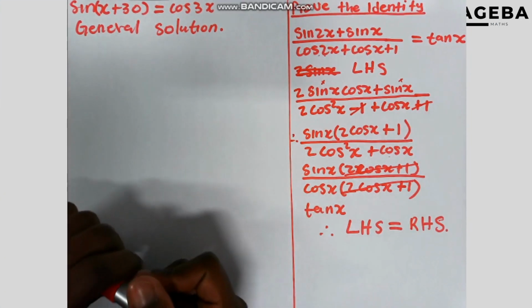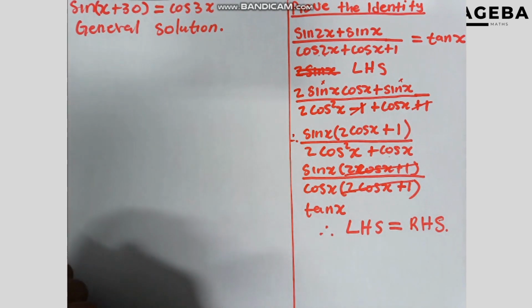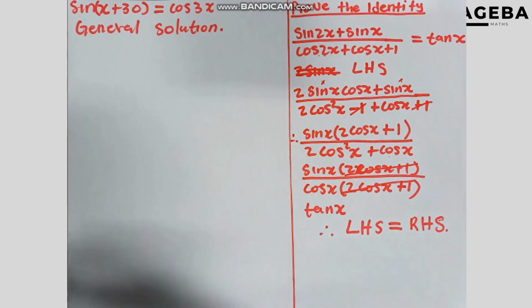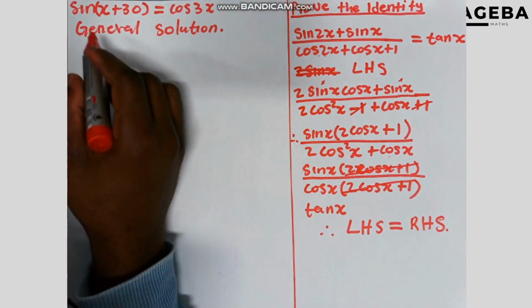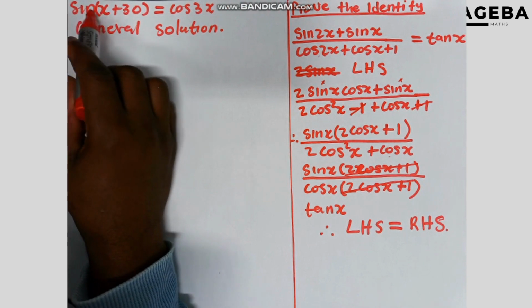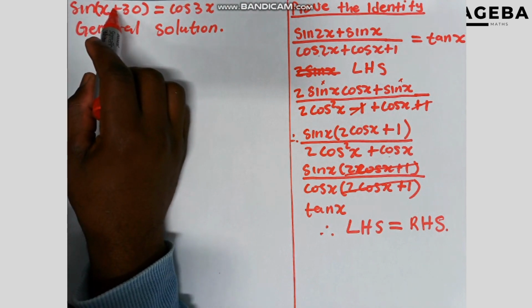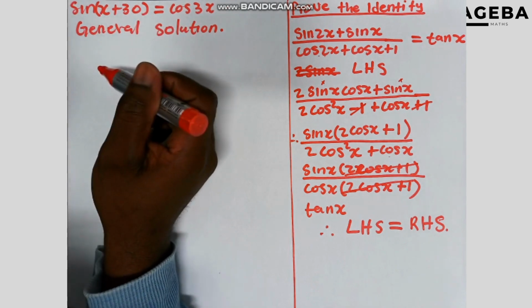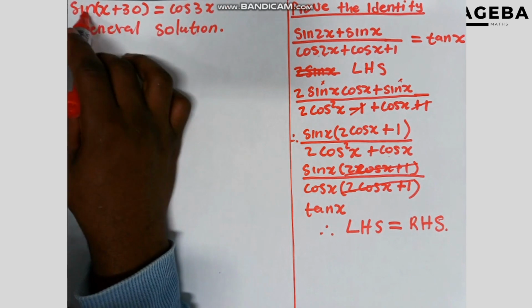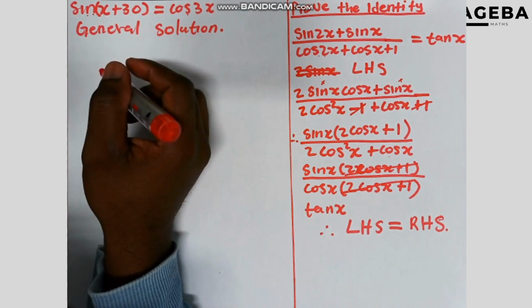Okay guys, now we're doing our second example, which is general solution. We're doing a general solution of this one here. Here we have sine of x plus 30 and we have cos of 3x. Our trig ratios here are not the same.